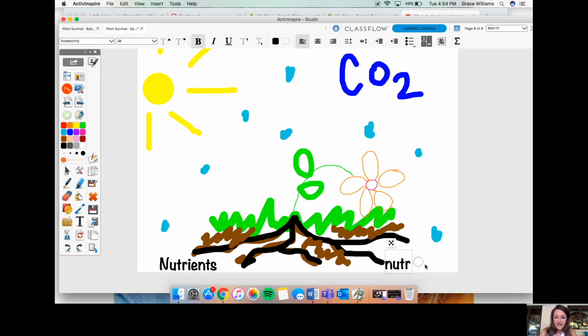Sometimes we buy flowers at the store and we have those packets of nutrients that we put in the water vase so that the plants can stay alive. But normally we need the nutrients from dirt for the plant to last a really long time. So soil maybe isn't a huge need, but the nutrients in the soil are a really big need.